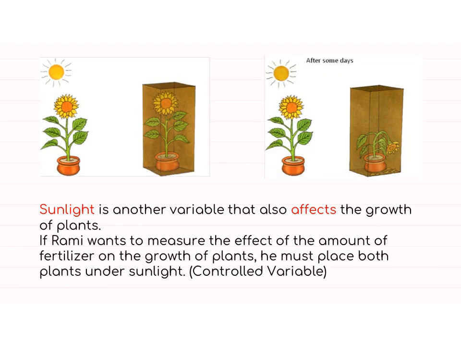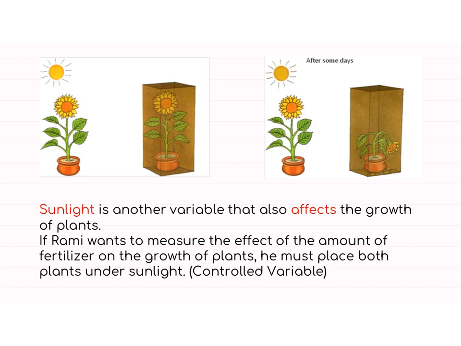So you have to remember that there are different factors that affect the growth of the plant other than the amount of fertilizers added. So the sunlight is another variable that also affects the growth of the plant. Hence, if Rami wants to measure the effect of the amount of fertilizers on the growth of the plants, he must place both plants in the same place or under the sunlight.